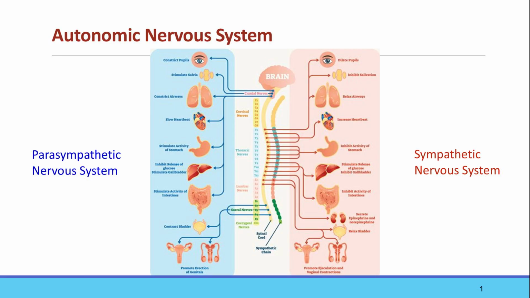Most organs receive dual innervation, but under resting conditions, parasympathetic tone predominates. This explains why enhancing parasympathetic activity often produces effects that feel physiologically normal, whereas blocking it leads to exaggerated sympathetic dominance.